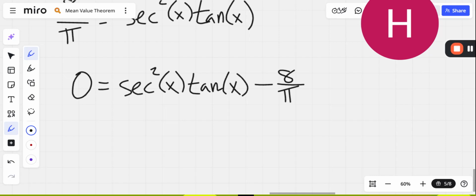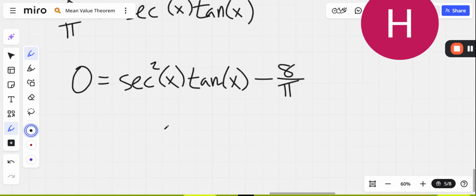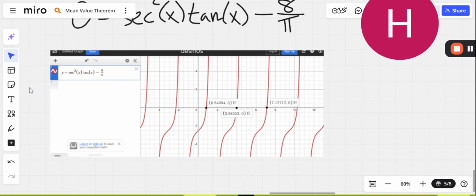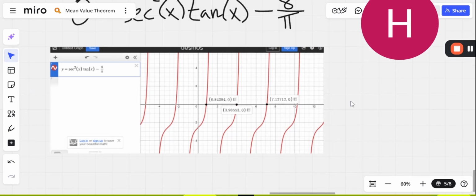And let's see, I'll highlight a couple of important locations here. That's not what I was trying to do. There we go. Took me a second, sorry about that. So here we have it, secant squared tan minus 8 over pi.